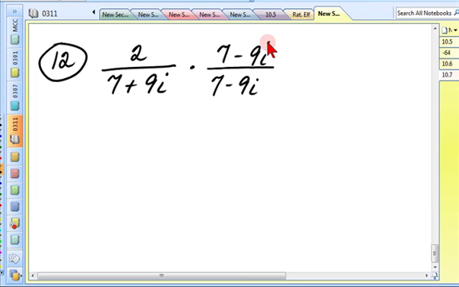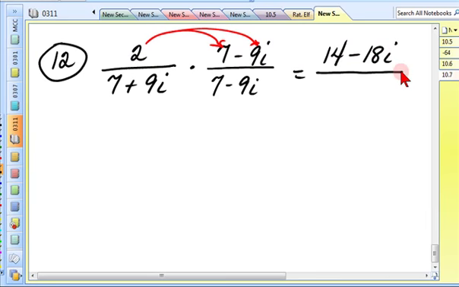So there's a strong relationship between what we're doing today and what we did yesterday. The numerator, what kind of multiplication will that be? Distributive property. 2 times 7 is 14. 2 times -9i is -18i. Now, the denominator, when you multiply conjugates, complex conjugates, what do you always get? A real number.